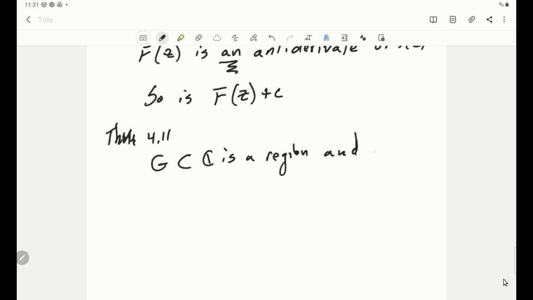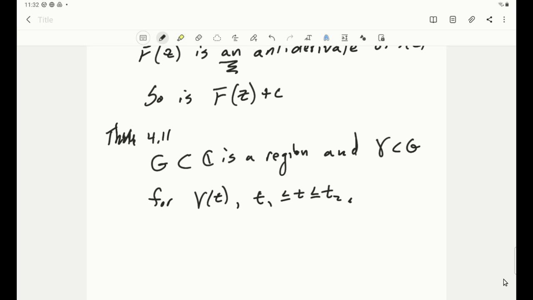And gamma in G for gamma of T, I'm going to use T1 less than or equal to T less than or equal to T2, like that. So we've got a region, we've got a path in that region, a smooth path, piecewise smooth anyway.